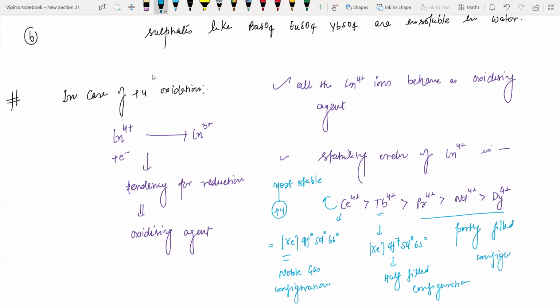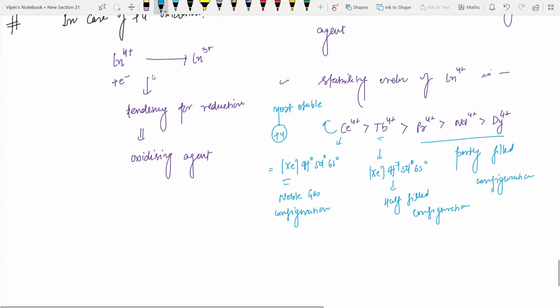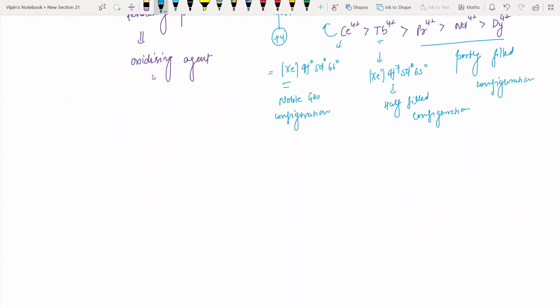Actually, I am telling you again, the only reason for explaining the stability of oxidation state is not the electronic configuration, because the stability of oxidation state basically depends upon the following three factors. First is the heat of atomization, that is an endothermic process.